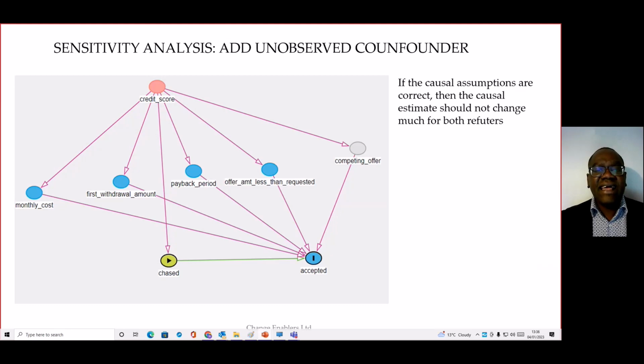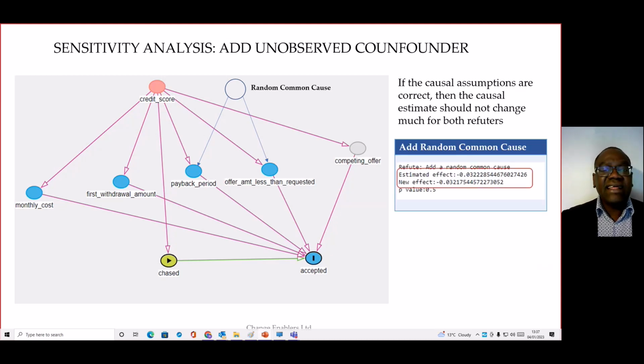The first technique involves adding a random common cause to any 2 variables in our causal diagram, as we've done here. Now, adding a synthetic independent random variable as the common cause should not affect the estimated causal effect, and we can see from the result that the new estimate is relatively unchanged.